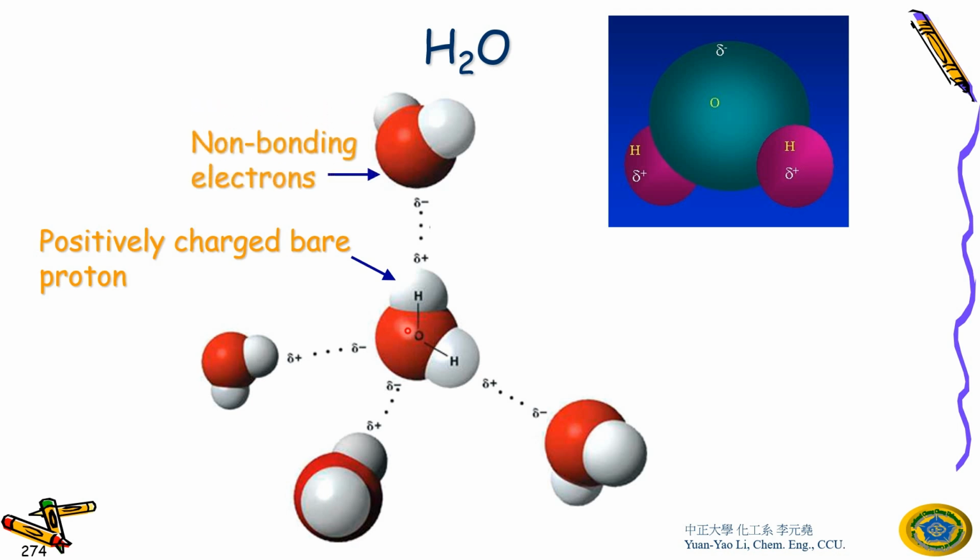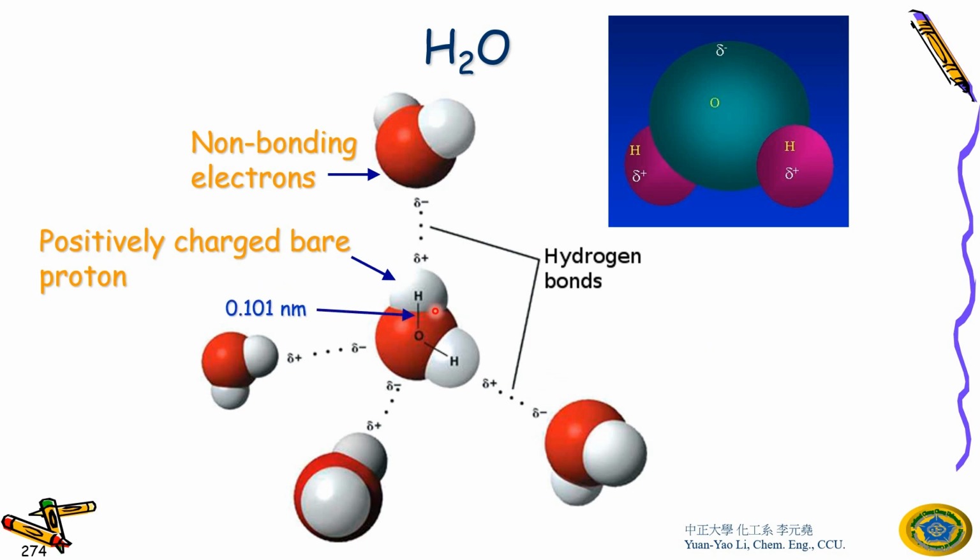There are non-bonding electrons here because of the very high electronegativity. So you have a negative charge in this region and a positive charge in this region. So you have hydrogen bonding. Okay, so these are hydrogen bonds.